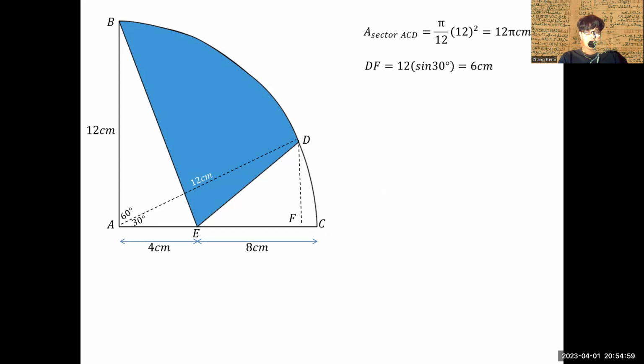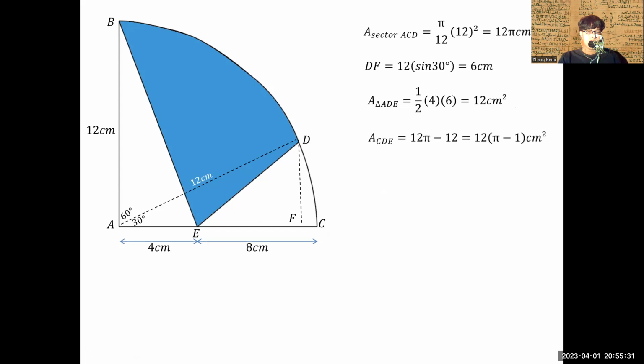The next step is to find the area of triangle ADE. The triangle ADE is very simple: half of the base, which is 4 cm, times the perpendicular height DF. Since we got DF as 6, half of 4 times 6 gives 12 cm squared.